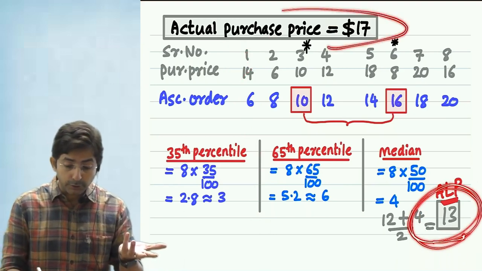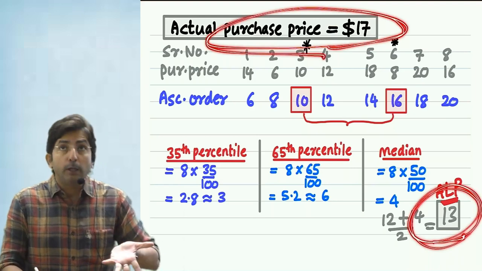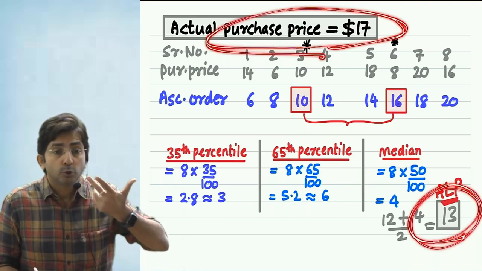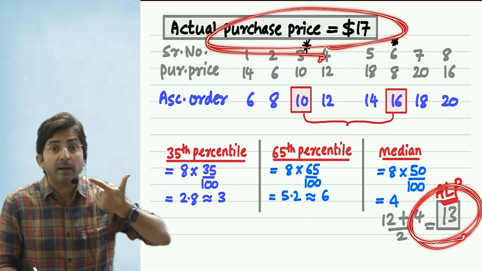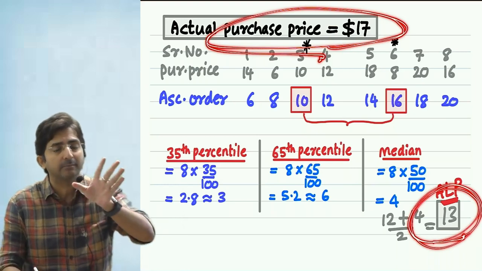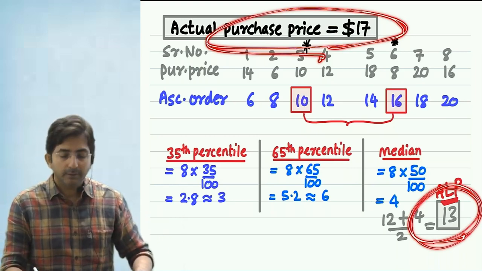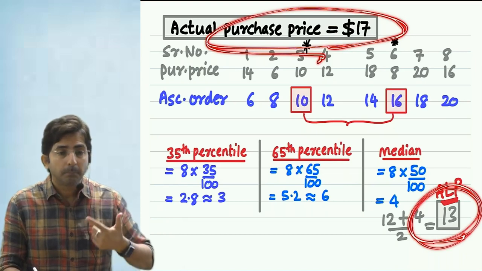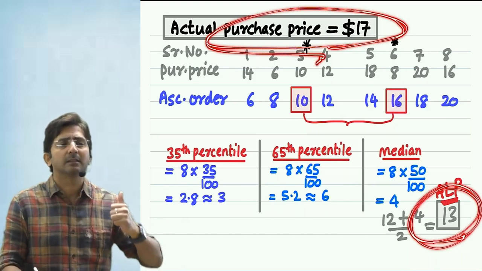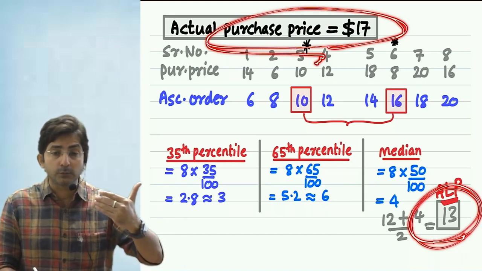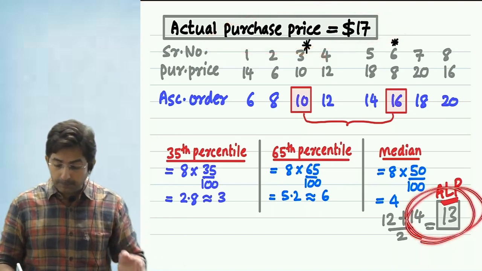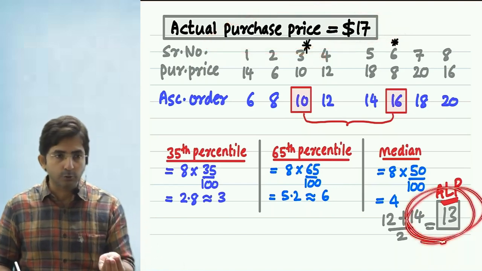But the associate has shown $17. Shown more expense, cheating. Why did I say expense? Purchase is an expense. So my tone of conclusion is what? That since the ALP is 13, the genuine purchase should be 13.